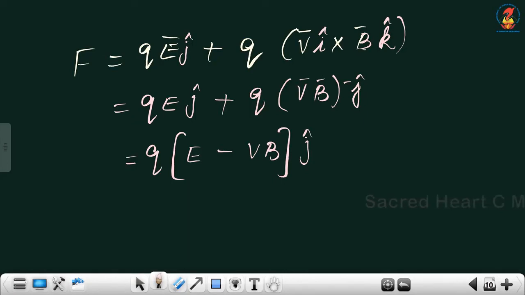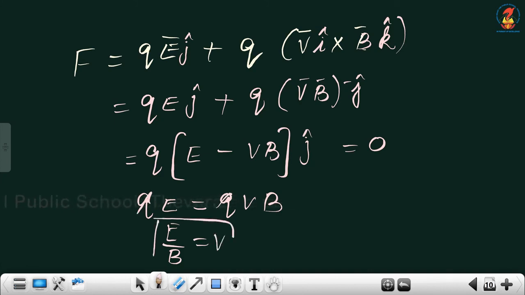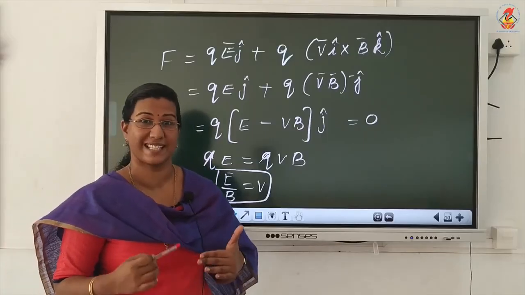So, we can write this equation as Q into (E minus VB) into J is equal to 0, or QE is equal to QVB, or E by B is equal to V. This equation is known by the name velocity selector.